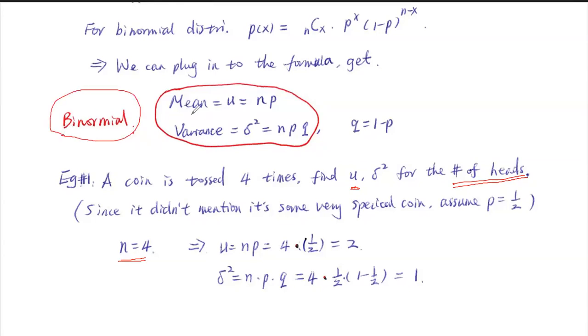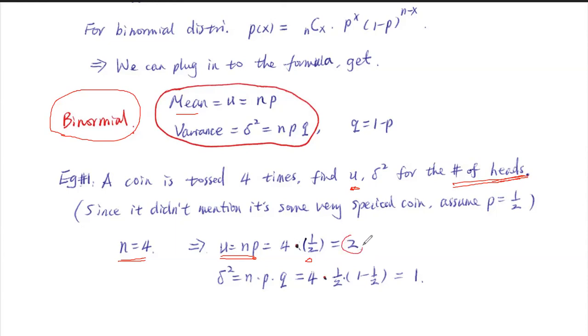The average, that's this mu here, is equal to n multiplied by p. So what's n? How many times you toss the coin? 4 times. And then what's the p? P is the probability of heads each time, because you are interested in the number of heads. Each time you have half. So 4 times half, you got 2.